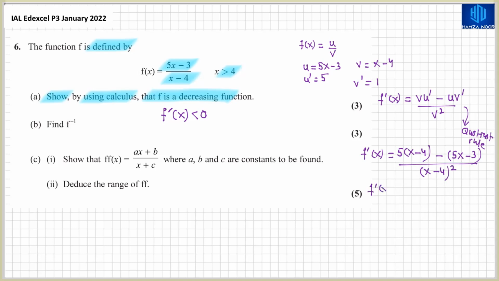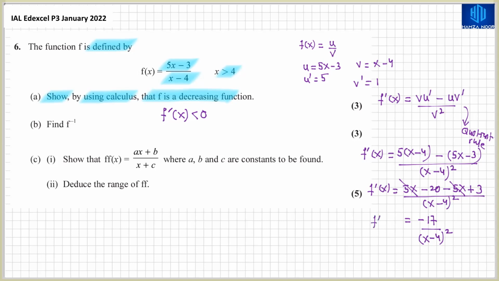So f'(x) = (5x - 20 - 5x + 3)/(x - 4)squared. The 5x and minus 5x cancel out, and minus 20 plus 3 is minus 17. So f'(x) = -17/(x - 4)squared.